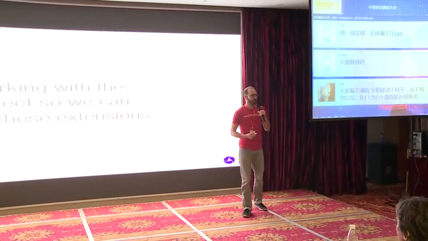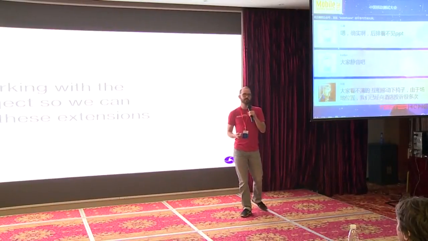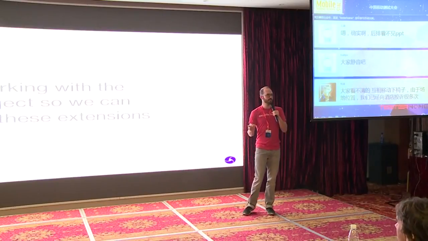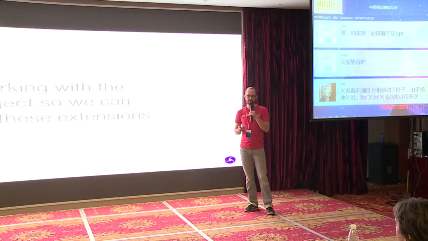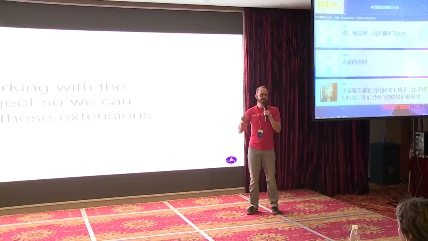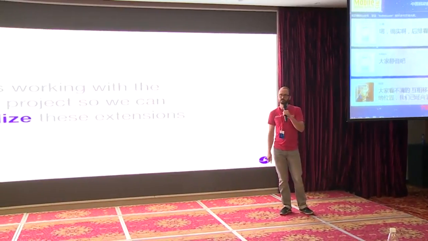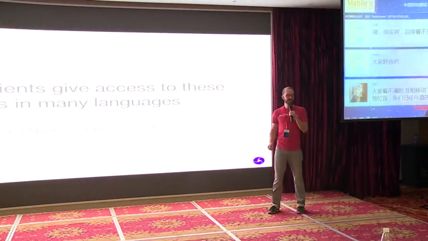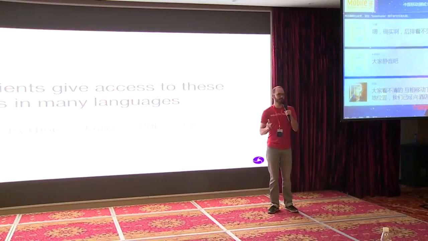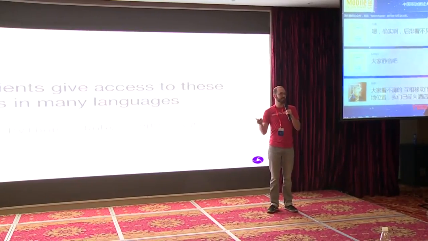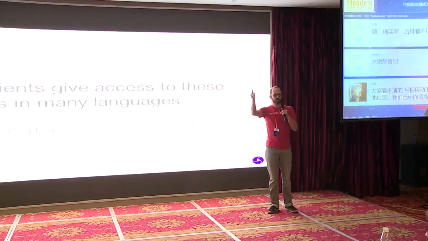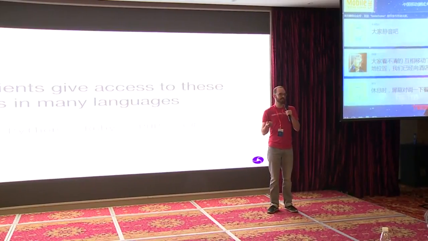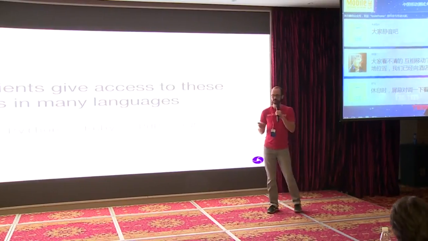The leaders of the Appium project are also working with the leaders of the Selenium project so that these new extensions we make to the protocol are incorporated back into the official version of the protocol. The nice thing about this architecture, having an HTTP API with a server and a client, is that we can write a client in any programming language.